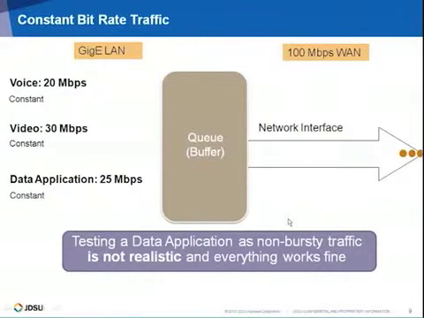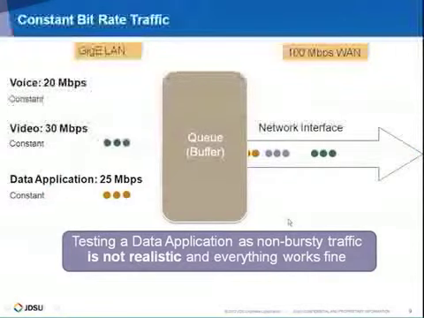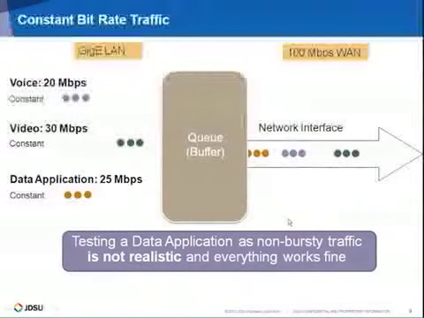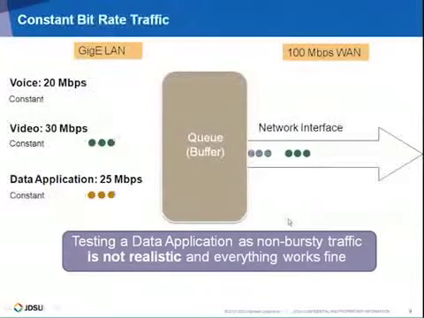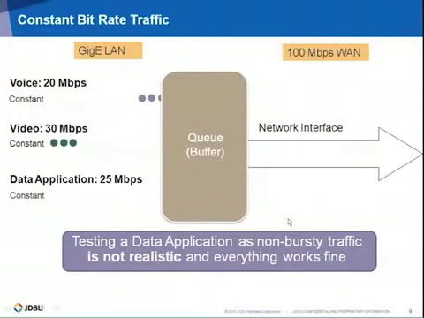So we've done a lot of field testing and a lot of lab testing, looking at the capabilities of various equipment and these buffer sizes and configurations. And when you generate this traffic at a 1 gig going into 100 meg WAN, and you're using all constant bitrate traffic, this buffer has no problems and is able to handle the constant rate traffic without any drops.